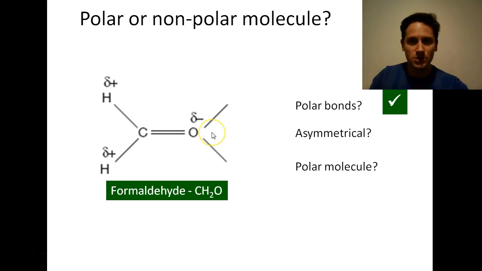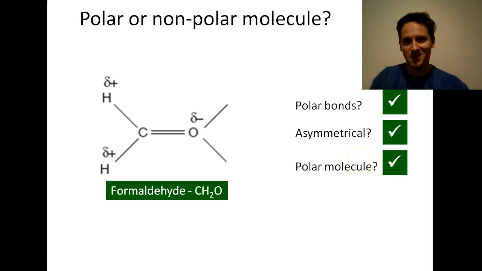So we do have an overall dipole here. On the left, positive. On the right, negative. So asymmetry, I'm going to give it a big tick. Is it a polar molecule? Yes, it is. Polar bonds, it's not symmetrical, so it's a polar molecule. You've got an overall dipole here.